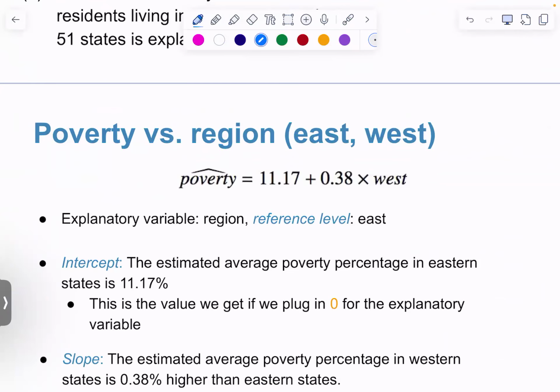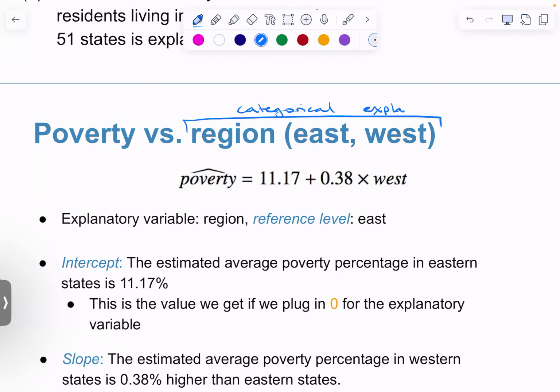What I want to talk about next is the region. So the percentage in poverty versus a new variable, which we'll call region, which is either east or west. Now this is a categorical variable.